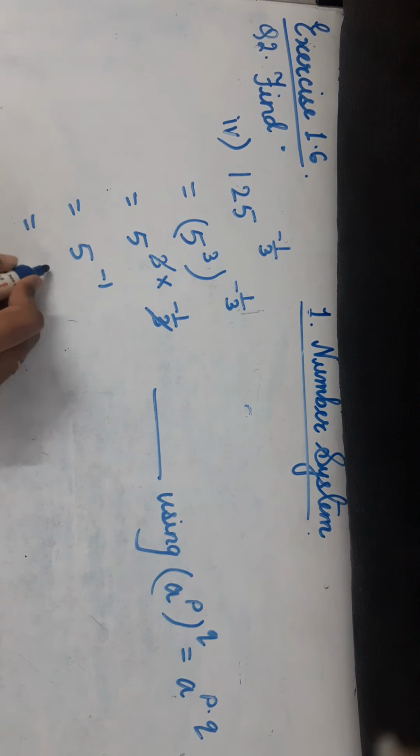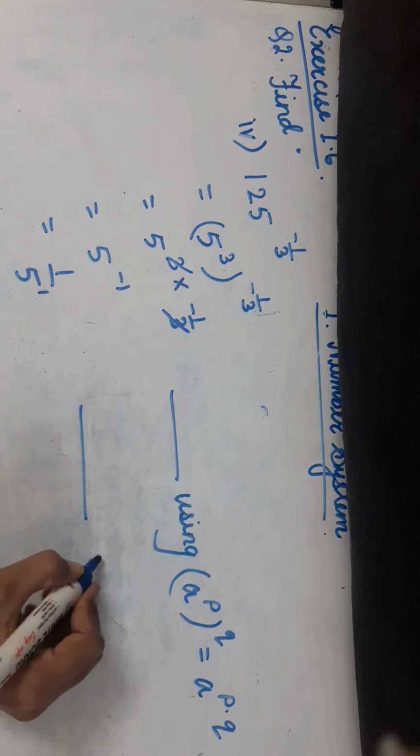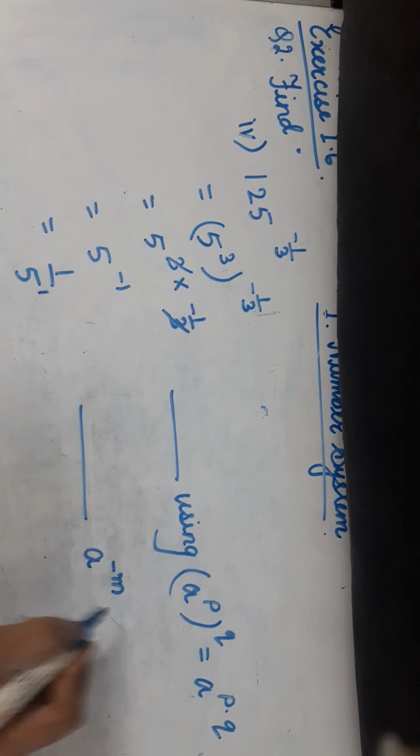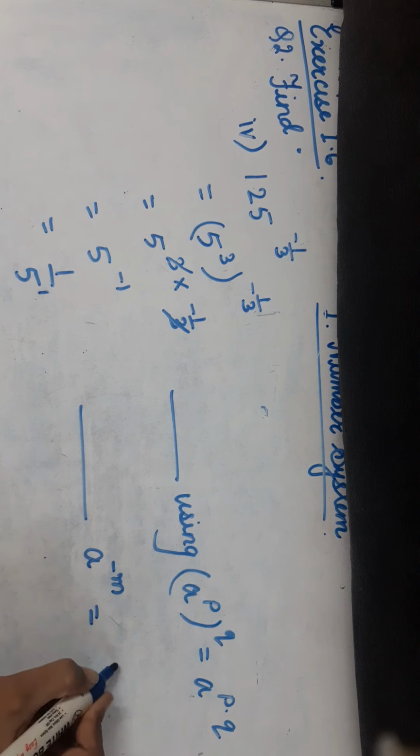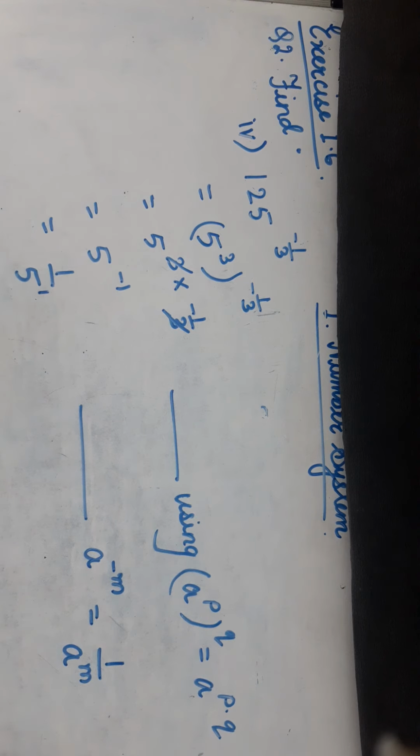Now this 5 raised to minus 1 can be written as 1 upon 5 raised to 1. Now if you are getting confused, I'll tell you one law. A raised to minus m can be written as 1 upon a raised to m. This is the law. So let us see some more examples of it.